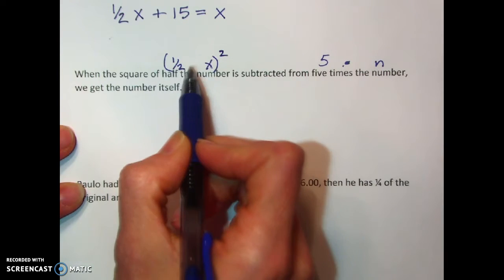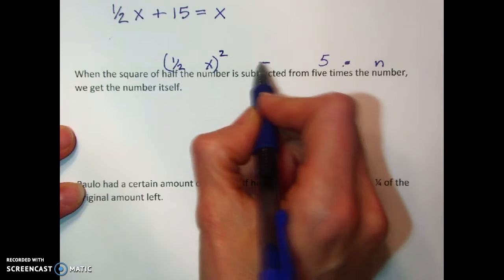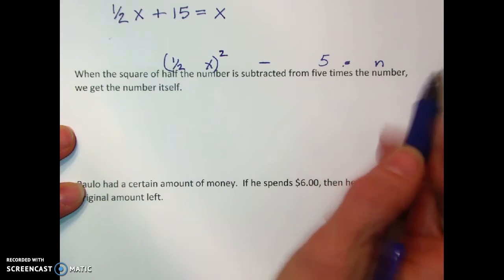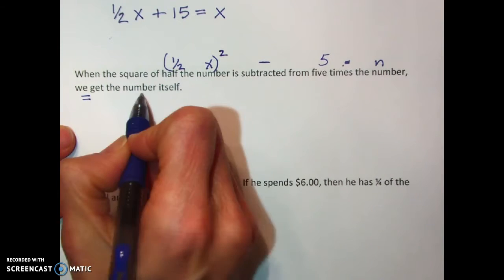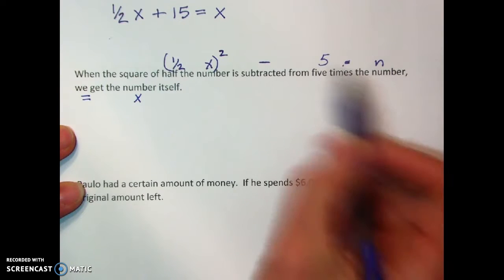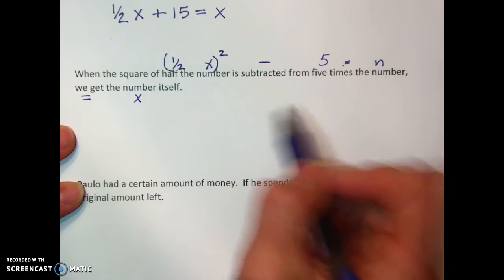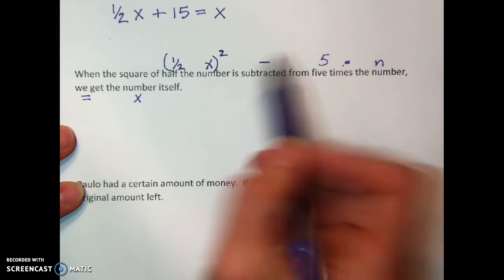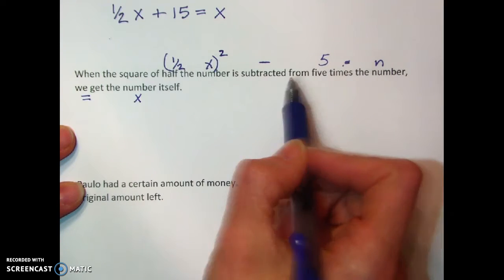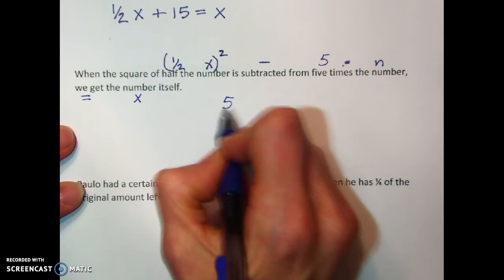So this is subtracted away from this. So we have to watch the order there. We get is our equal sign, the number itself. So do we want to put a half x squared minus 5n, or do we want 5n minus a half x squared? Well, if this is subtracted from this, we want the 5n.